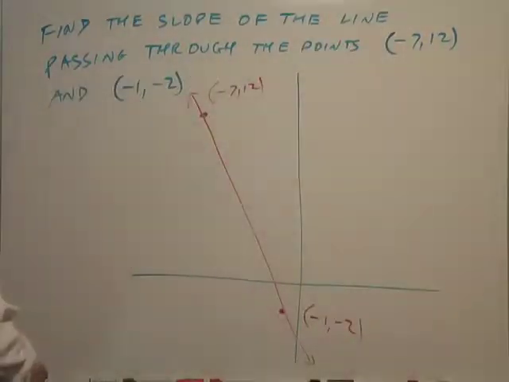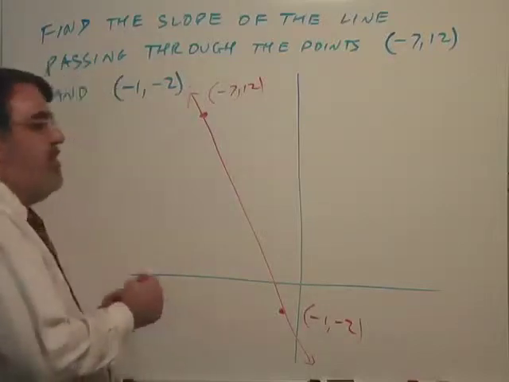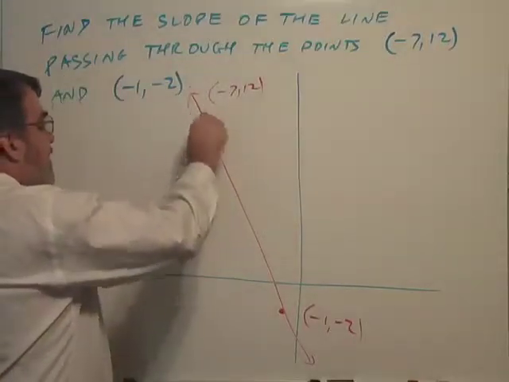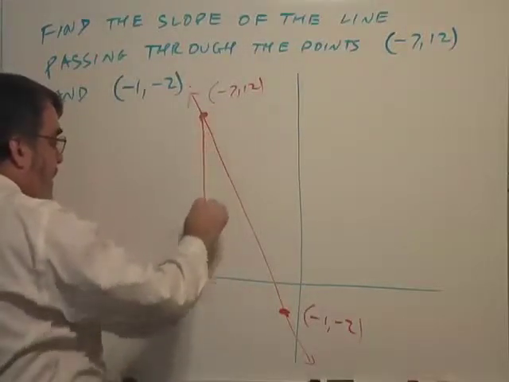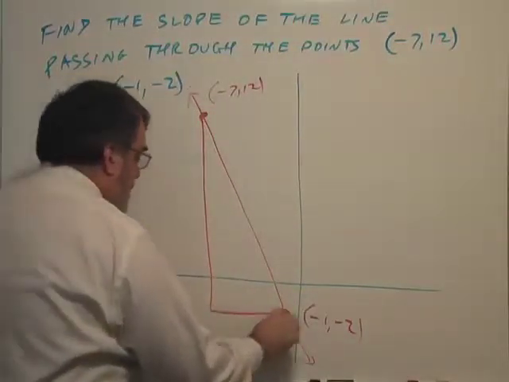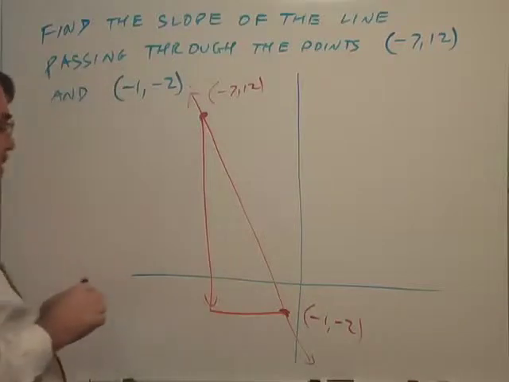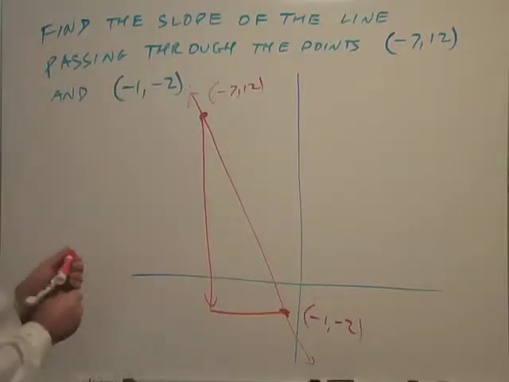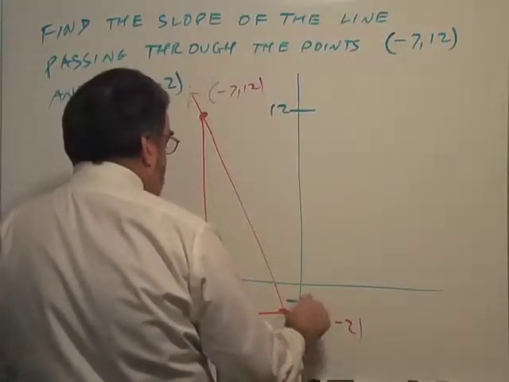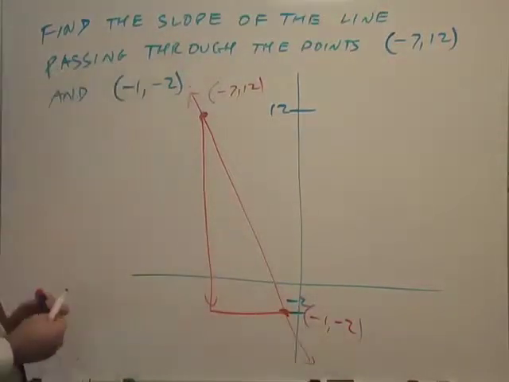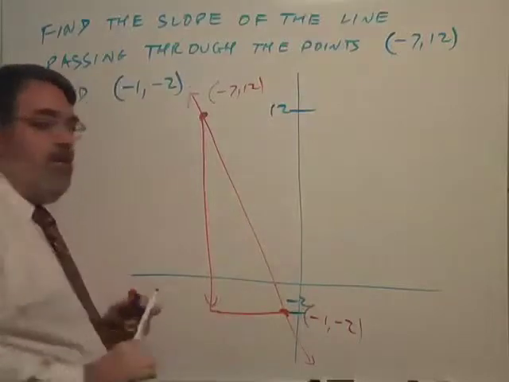All right. Well, let's look at what happens here. I move from this point down to this point, and it's a negative slope. So I'm going to fall by how much? How much do I fall? Well, I'm falling from +12 down to -2. So that's 14 units.